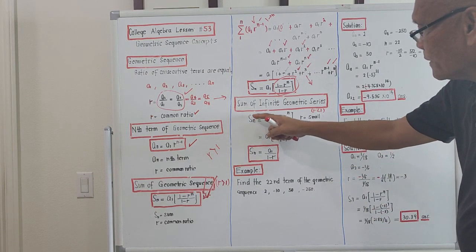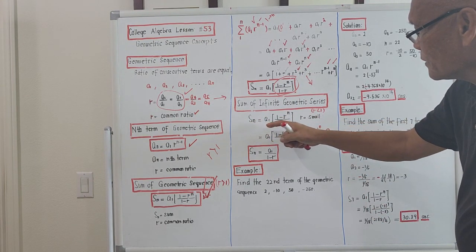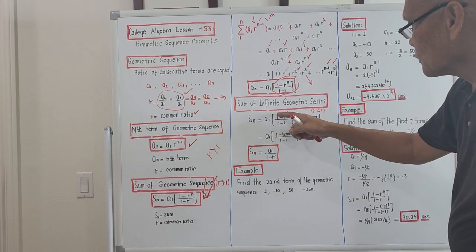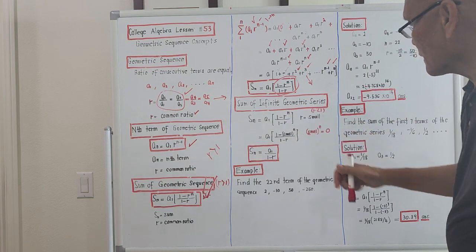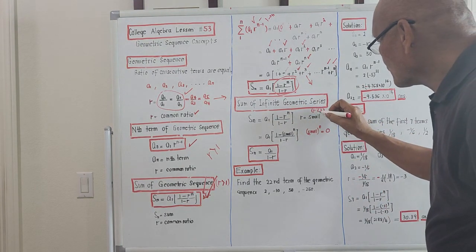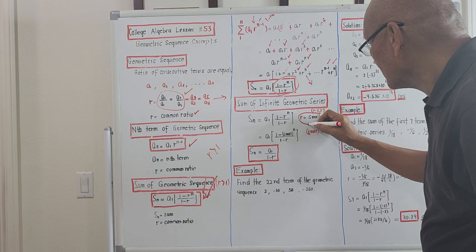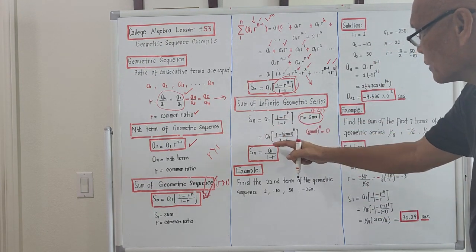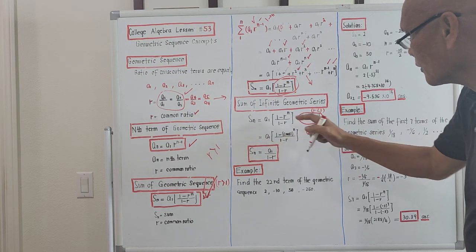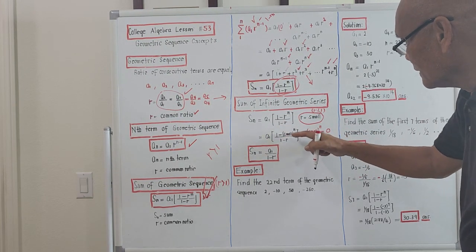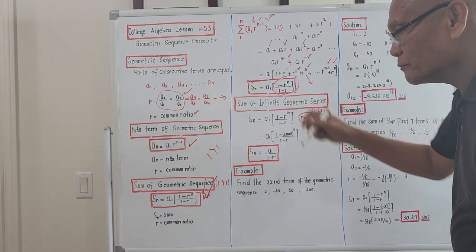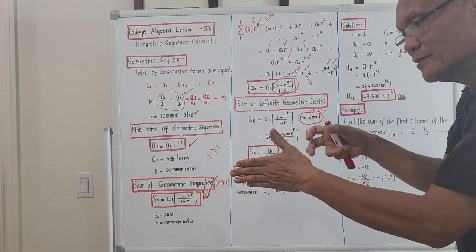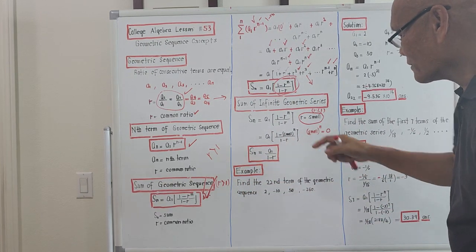the formula will be S sub n equal to A1 times the quantity 1 minus r to the n over 1 minus r. But if r is very small, the resulting equation will be A1 times the quantity open bracket 1 minus, this small number here, maybe 0.001 raised to 1,000 times, all over 1 minus r.